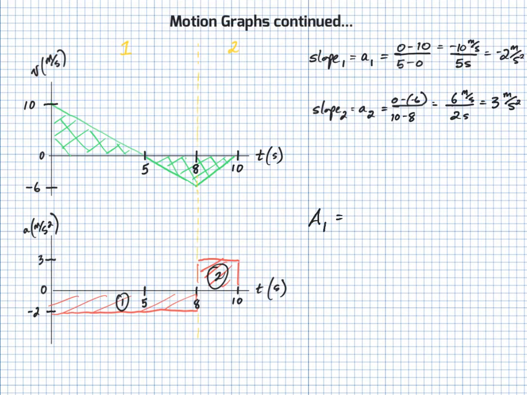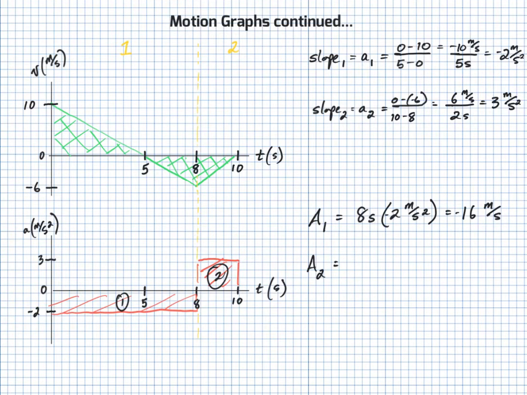For area 1, our base is 8 seconds, and our height is negative 2 meters per second squared. If we do that math, we're going to get negative 16 meters per second.